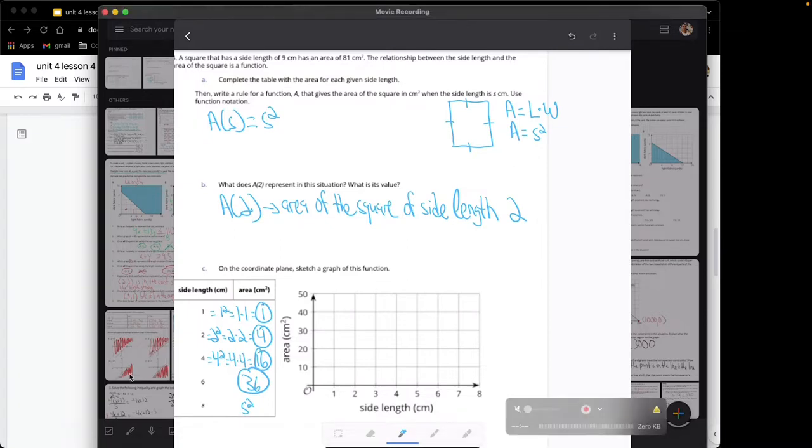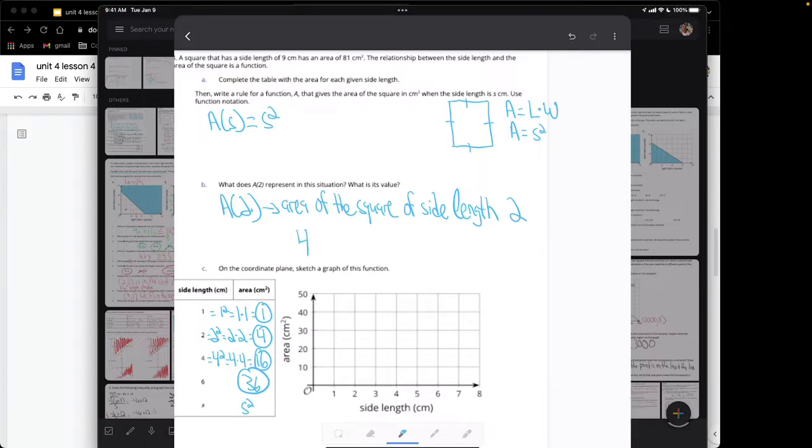And we saw in our table, when the side length is 2, the area is 4. So what is its value? Its value is 4.